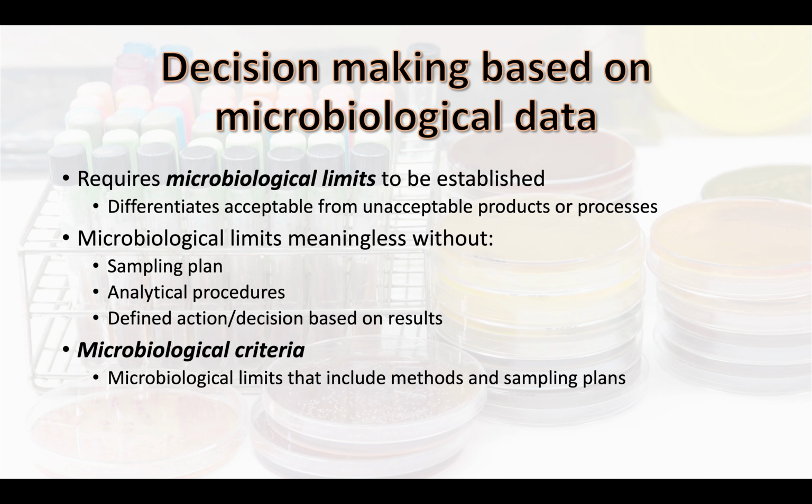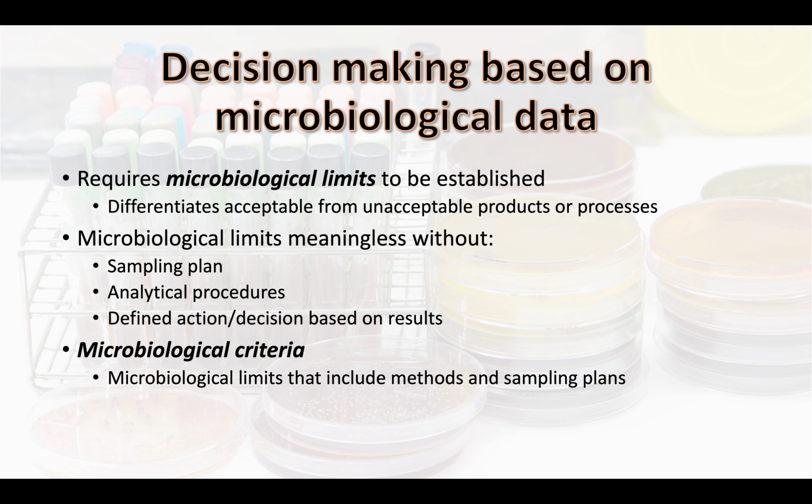For example, if we have an aerobic plate count above our microbial limit on a clean and sanitized food contact surface, this may result in re-cleaning and sanitizing that surface before product is run on that line. Or, if we have a positive indicator test post-processing in our final product, this may initiate reprocessing or rework on this product.